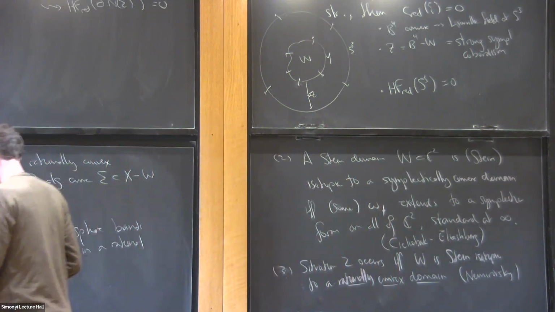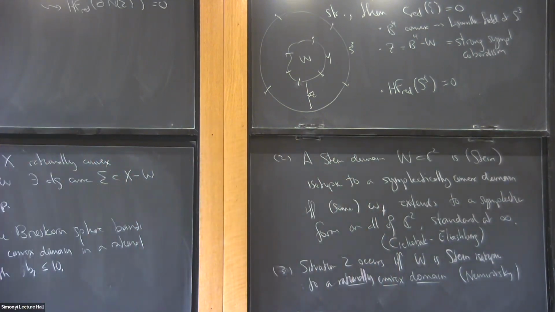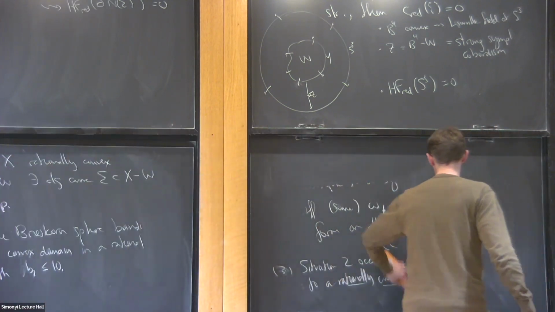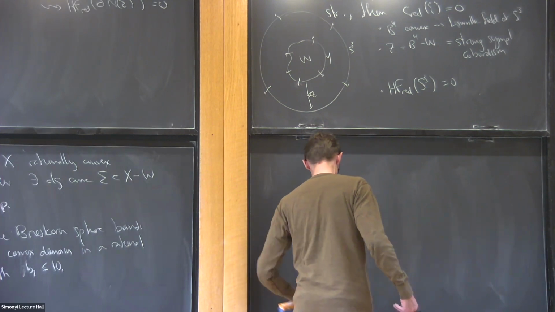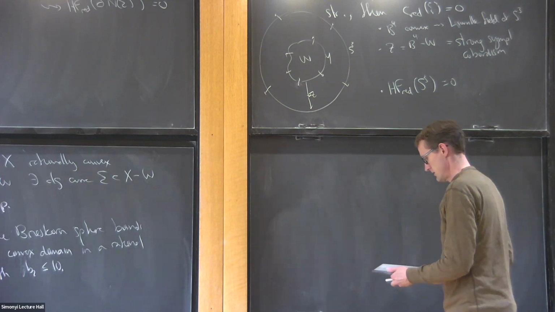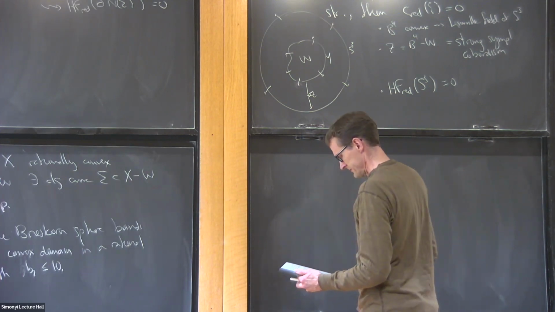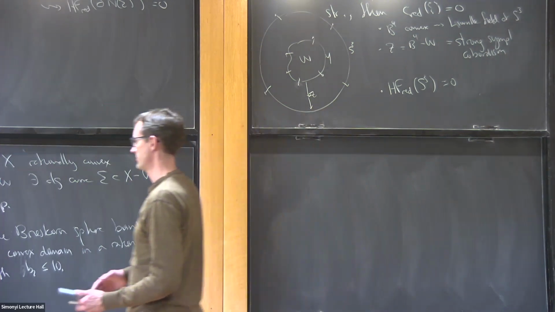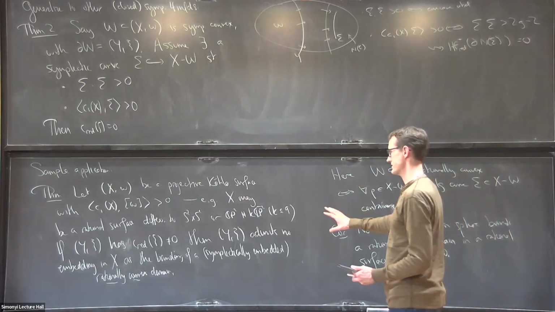Okay, I'm not going to go much further here since we're at the end of the time, more or less, but maybe I'll just state the result that ties things together here.